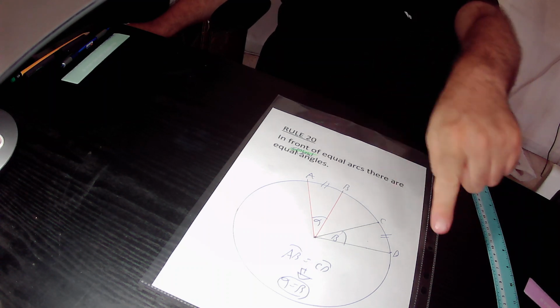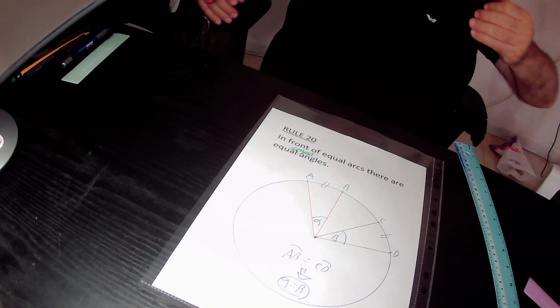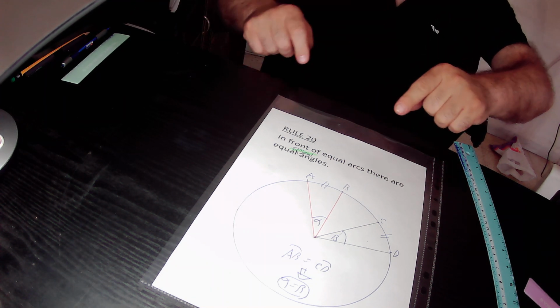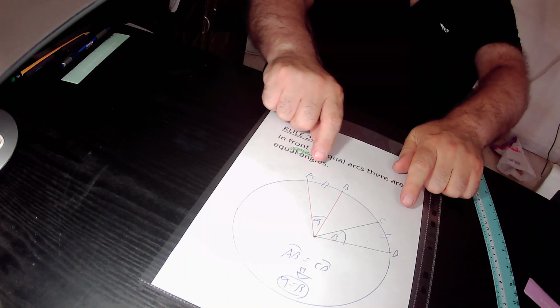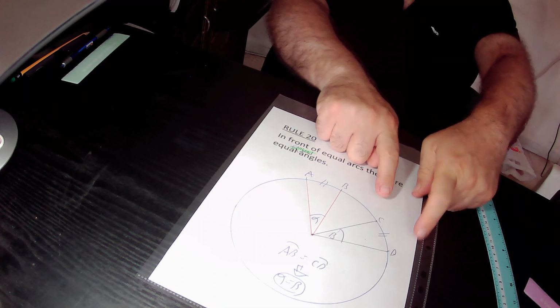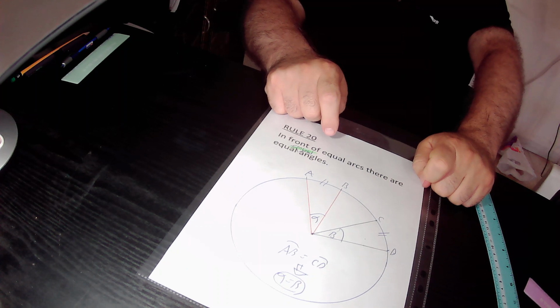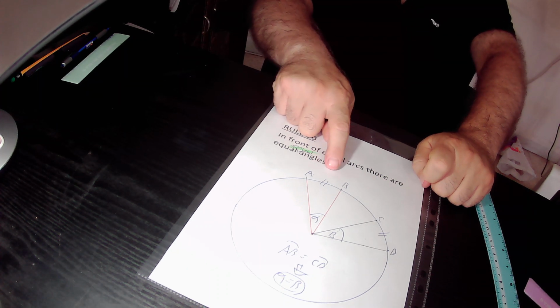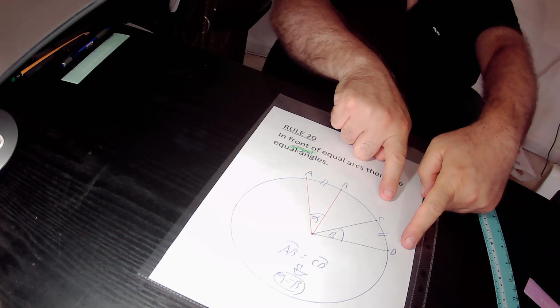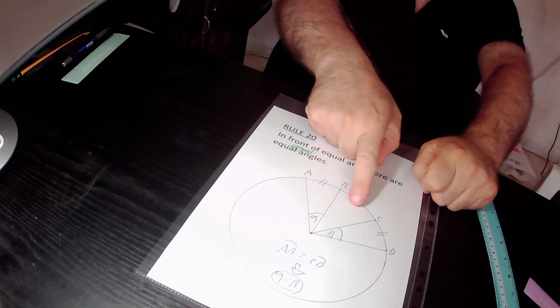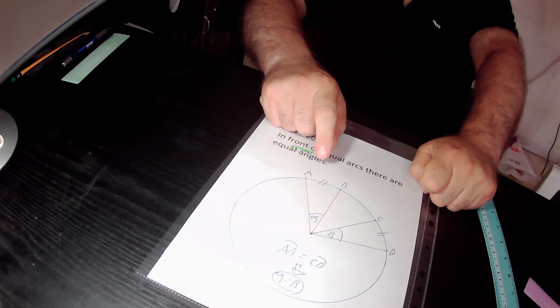So in the drawing we have a circle, and it is given that arc AB is equal to arc CD. In front of this arc AB we have this angle, angle alpha. In front of this arc CD we have this angle, angle beta.